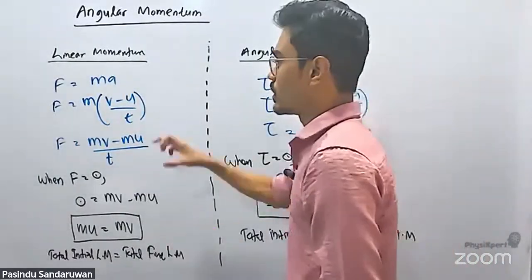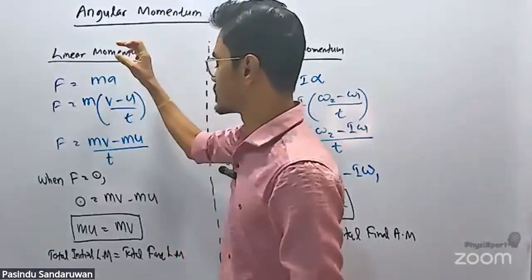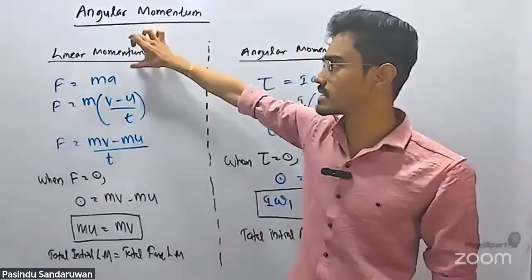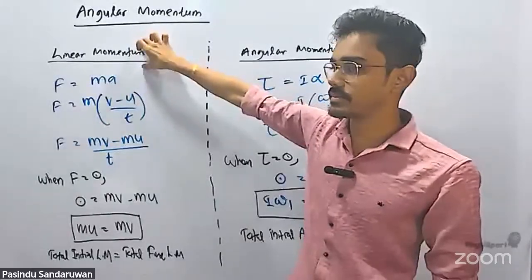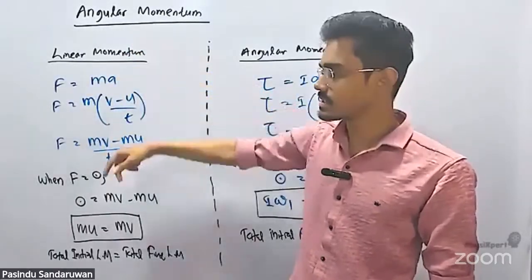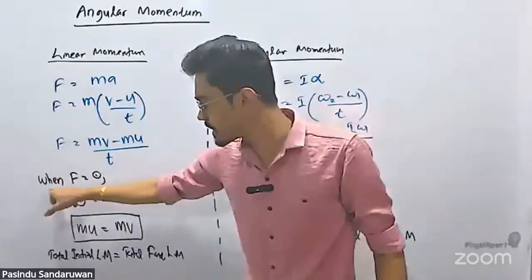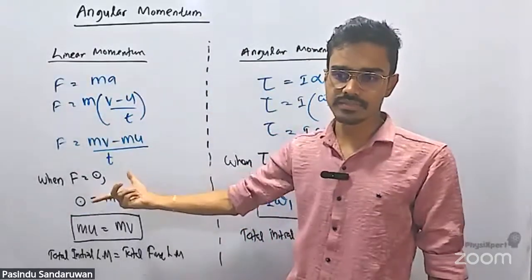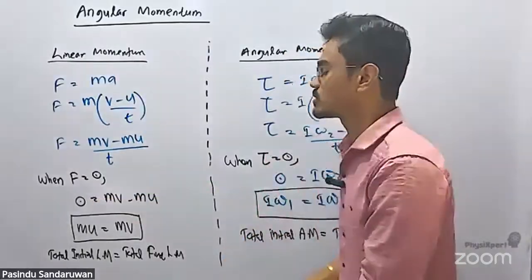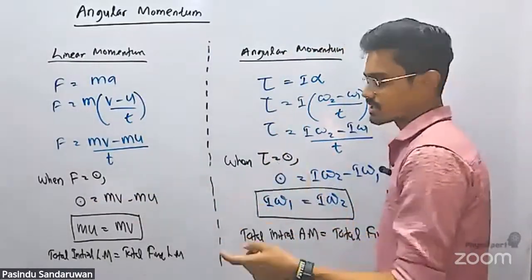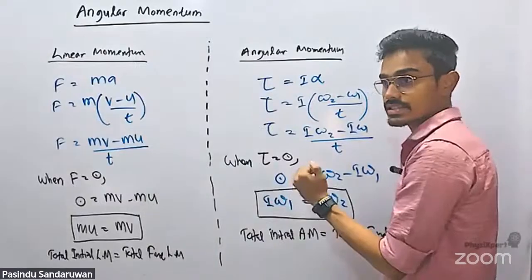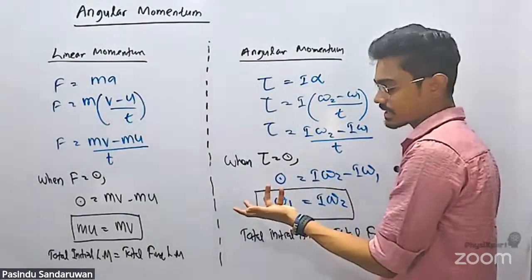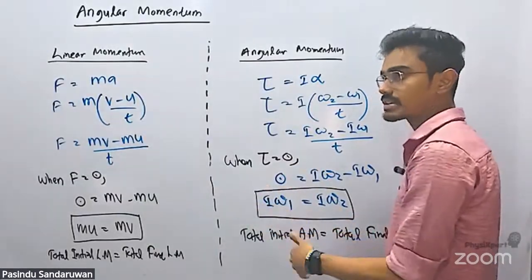Now, the conservation of linear momentum is stated as: when there is no external unbalanced force acting on an object, total linear momentum is conserved. So this is also very comparative. Only 2 words are going to change. When there is no external unbalanced torque acting on an object, total angular momentum is conserved.